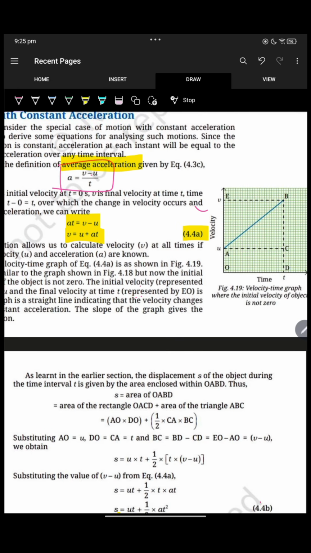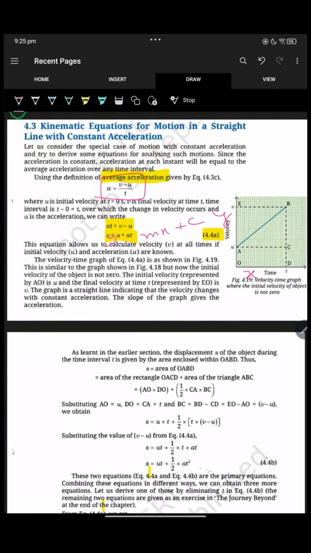If we plot velocity on the y-axis and time on the x-axis, then y, which is velocity, is equal to m into x plus c. Because x is t, m will be a, the average acceleration.